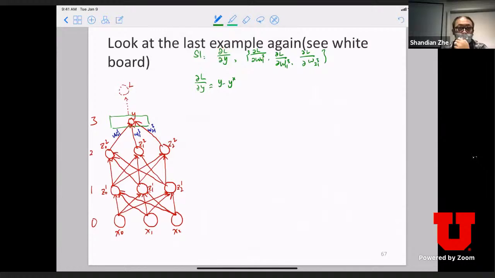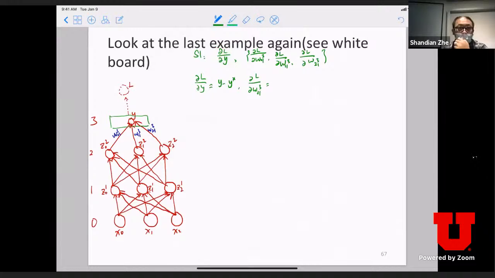And then, how do we compute the partial L over partial W013? Any thought? Yeah, exactly right.